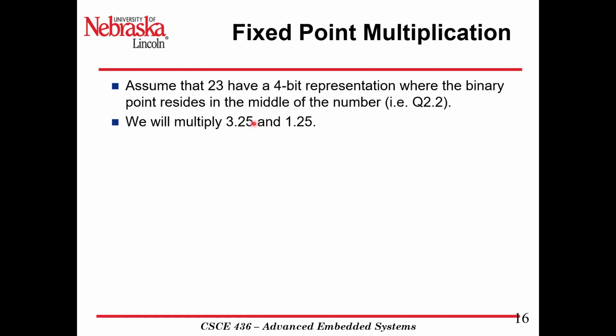We're going to multiply a couple of numbers together. When you do these, I would actually multiply them in decimal and then multiply them in binary just to make sure you get the right result. So the way we do it, we convert our values, so it's Q2.2, so the 3.25.